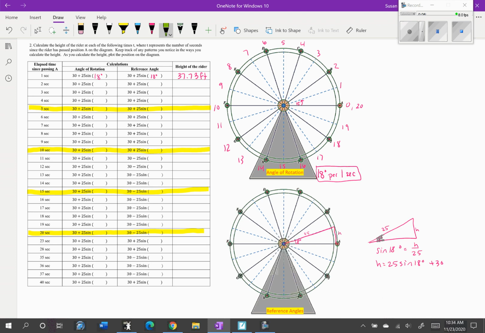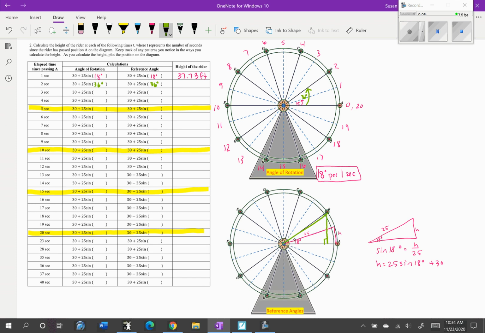So the next one would be 2 seconds. So if we go 2 seconds, we know that's from here to here. So 18 plus 18 gives us 36 degrees. And that would be then this triangle right here. So now we're doing 36 degrees for the angle rotation and 36 degrees for the reference angle.